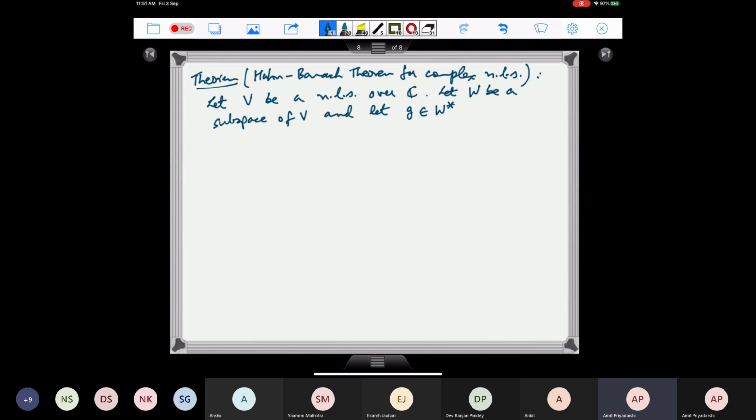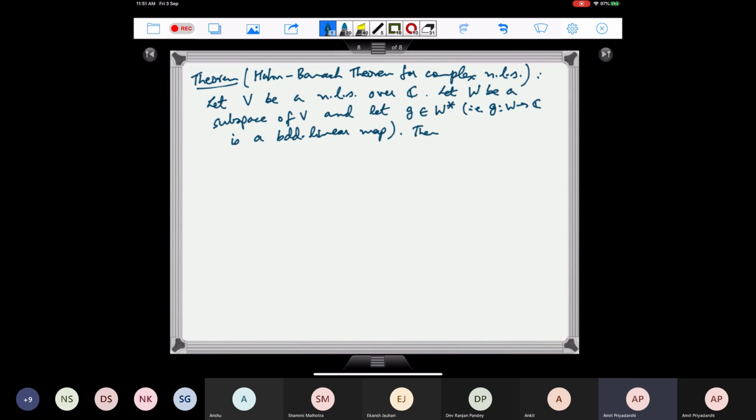So when we have a complex normed linear space, when I say G in W star, that means G from W to C is bounded linear. So we have a bounded linear functional on W.